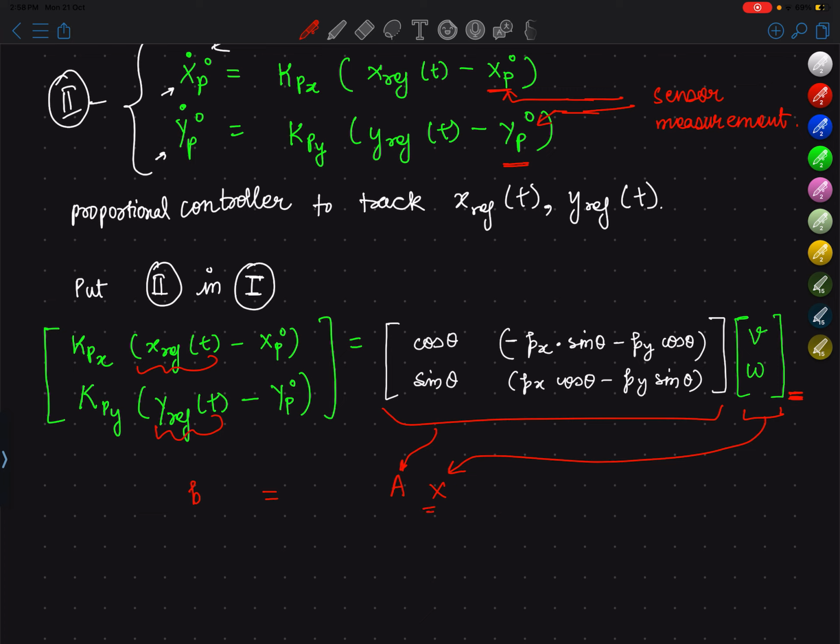So what we can do is send A to the left hand side through an inverse. So it will become x is equal to A inverse b, and this is the input, and this contains the reference trajectory.